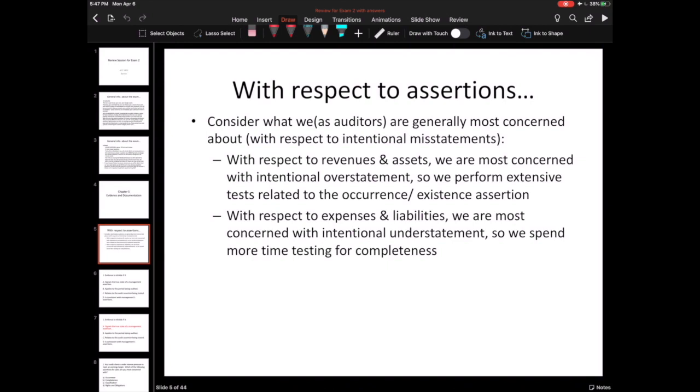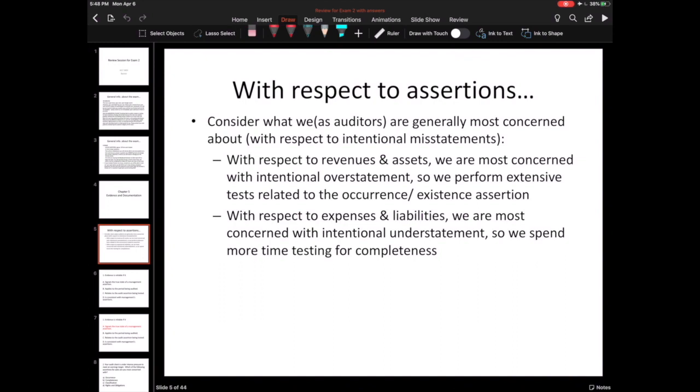So remember, with respect to revenues and assets, we're generally most concerned with intentional overstatement. And so that's why we focus a lot of tests around existence occurrence. Similarly, we are most worried for the expense and liability accounts about intentional understatement, so we spend more time testing for completeness, right? We're worried they haven't recorded stuff that they should have.